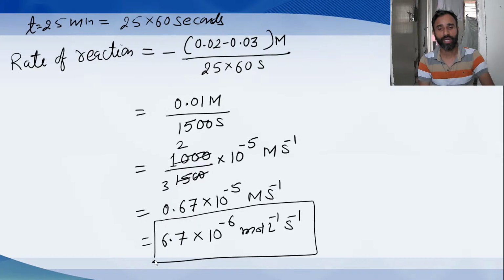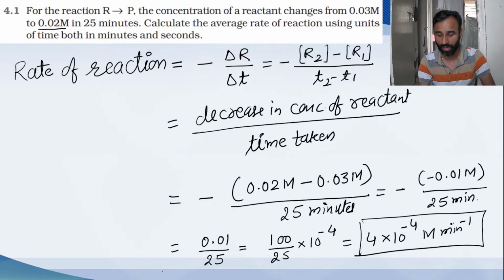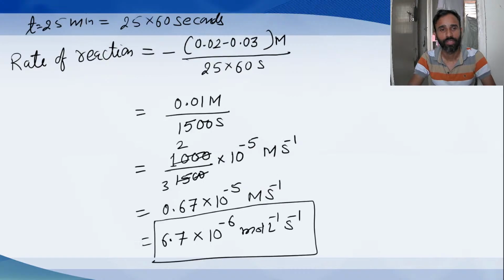Okay, so this is the rate of reaction in terms of seconds, and this is the rate of reaction in terms of minutes, 4 into 10 raised to power minus 4 mole per liter per minute. Right? Question number 1, just check the answer. Is it okay?